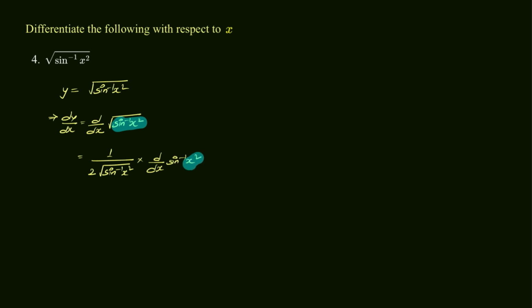Again considering this x square as x, we will have 1 by 2 root of sine inverse of x square into d/dx of sine inverse x, which is 1 by square root of 1 minus x square. So here it will be x square whole square and d/dx of x square.